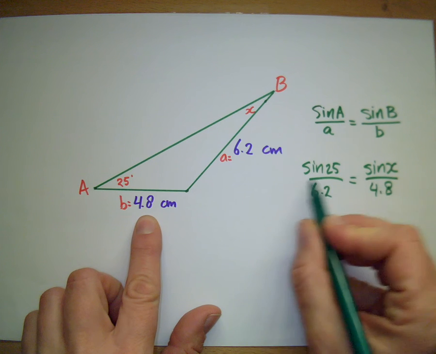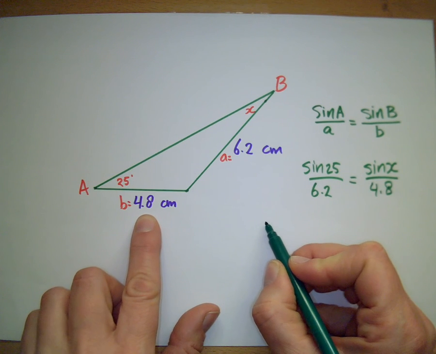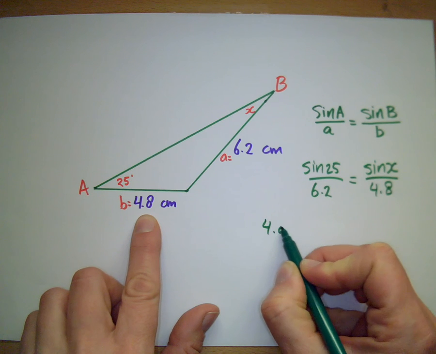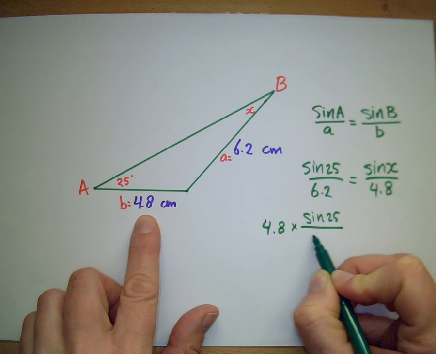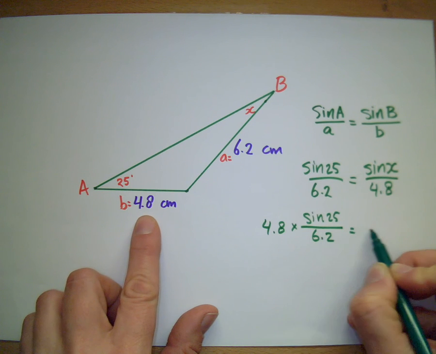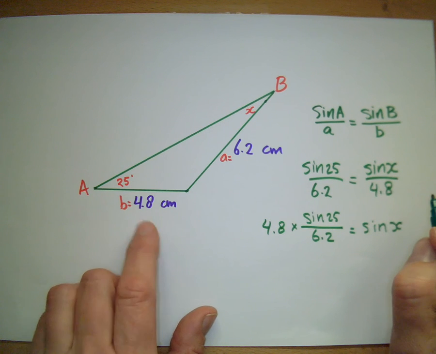We multiply both sides by 4.8. 4.8 times the sine of 25 divided by 6.2 equals the sine of x, right?